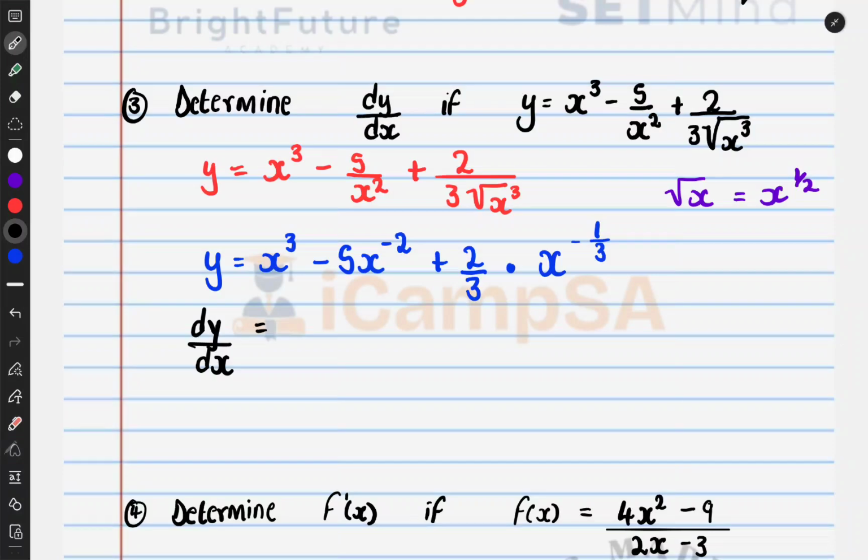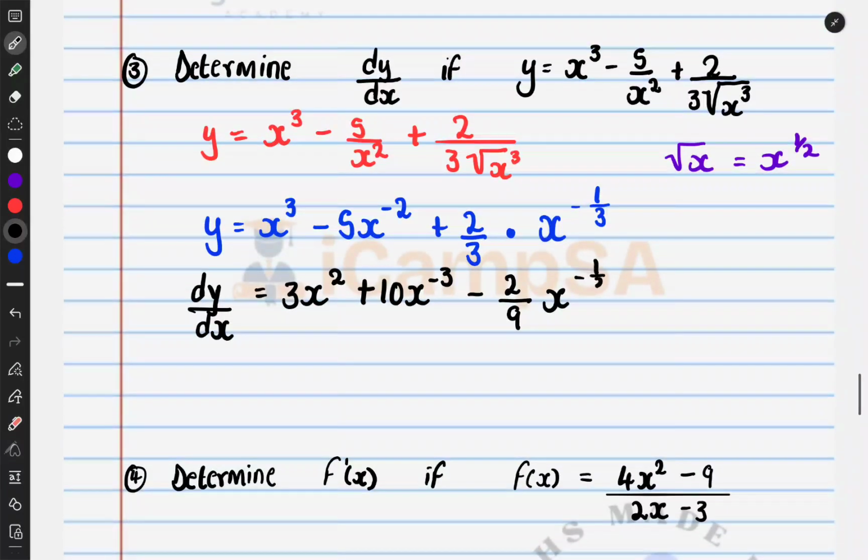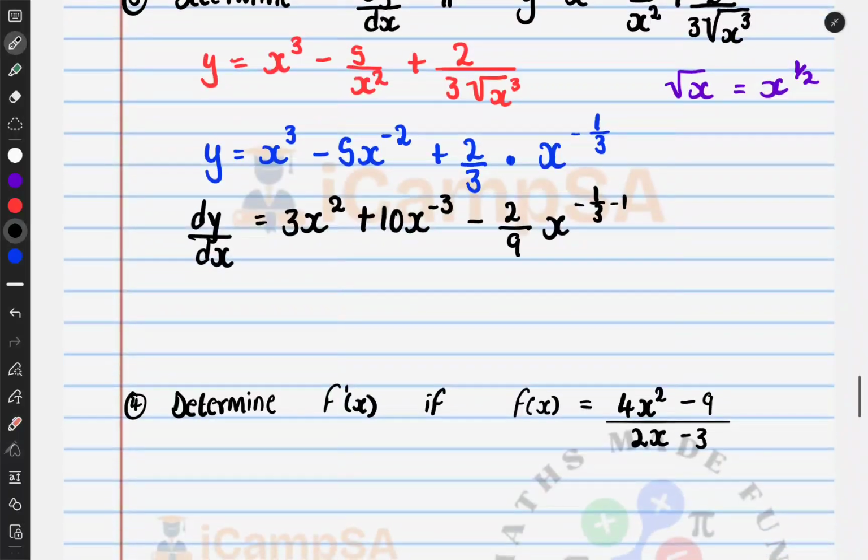So x cubed will be 3x squared, minus 5 times negative 2 would be positive 10, x to the power of 2 minus 1, which would be negative 3, plus 2 over 3 multiplied by negative 1 over 3 would be negative 2 over 9 x, and then negative 1 over 3 minus 1.